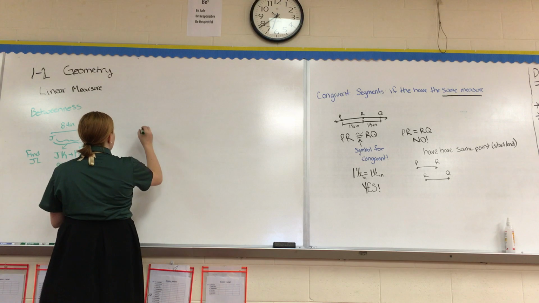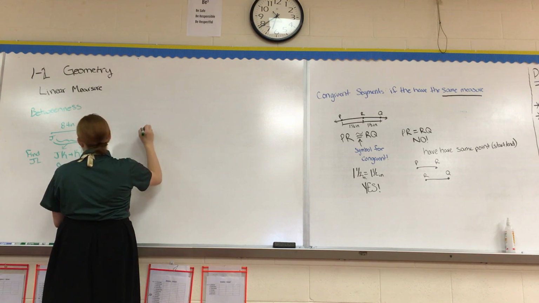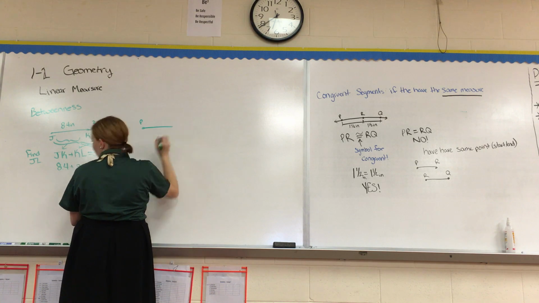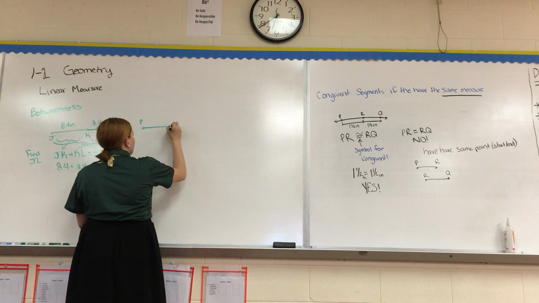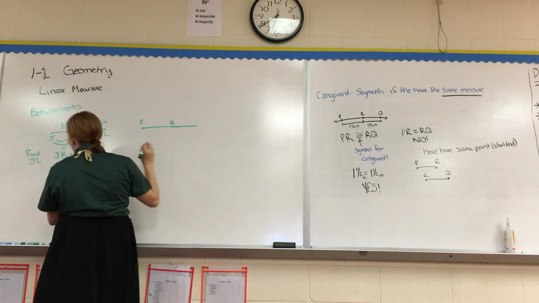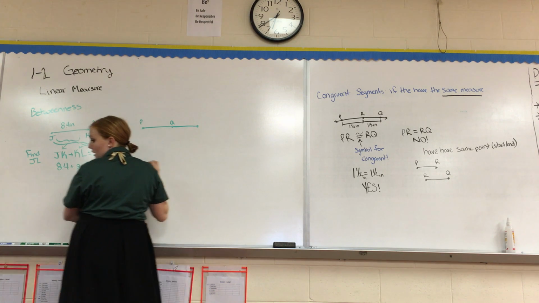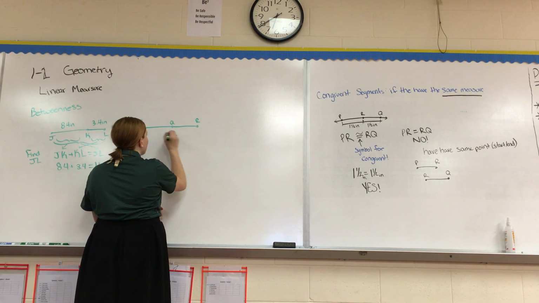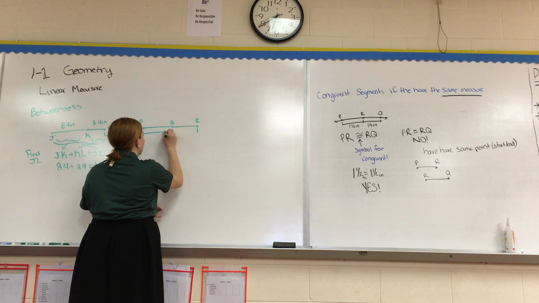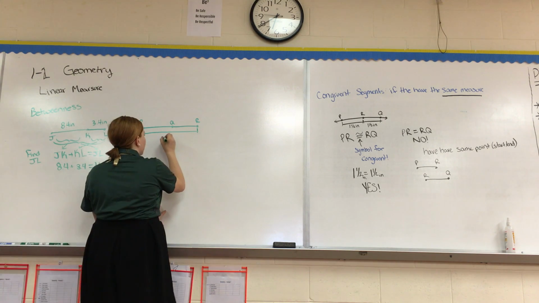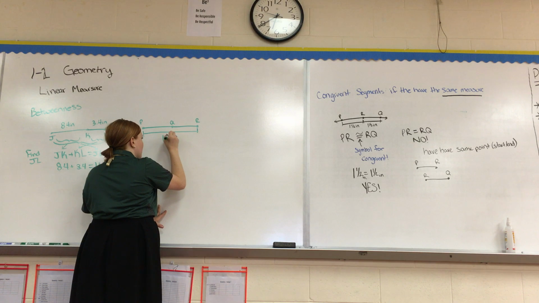Let's do another example. Very similar example, just trying to get this in your guys' heads. P, and we have Q, and then we have R. Okay, so from here to here is 13 3/4.